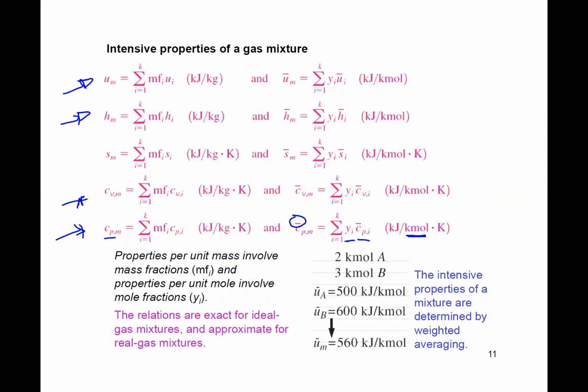If it's per kilogram, you're going to be using the mass fraction times its specific heat. So that's the difference of this column versus this column of setups. This is per kilogram, and this is per kilomole.